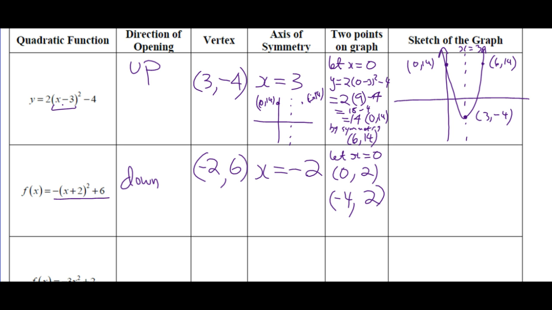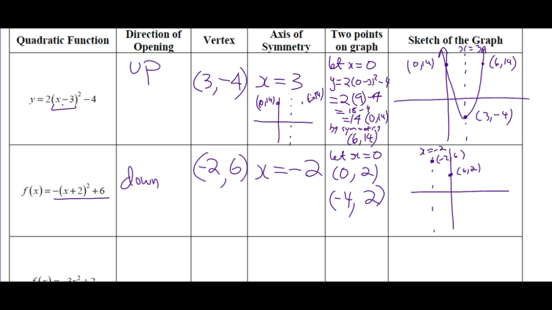Okay, let's sketch that. And when we go to sketch, let's forget this -4 for a moment. What do we know? I've got x equals -2, there's my axis of symmetry. When x was 0, I've got 2, so there's the point 0, 2. My vertex is at -2, 6, so there's -2, 6. This has to open down, because that's the vertex and there's a point.